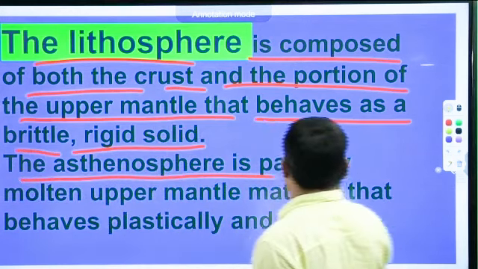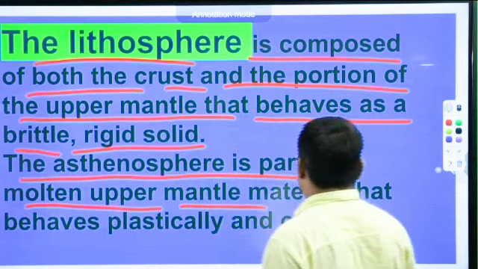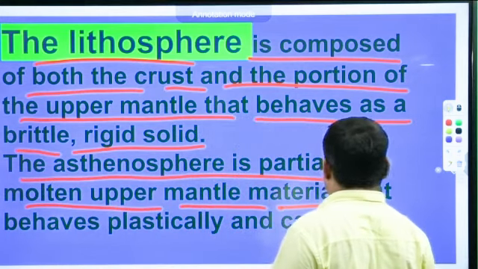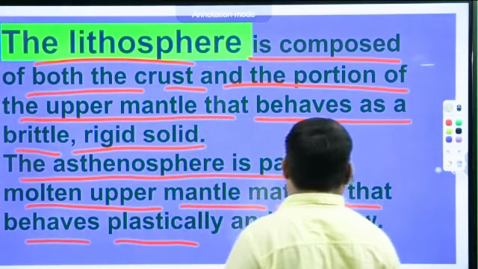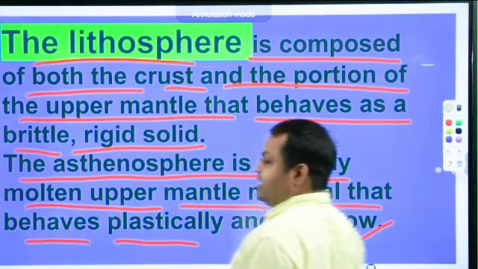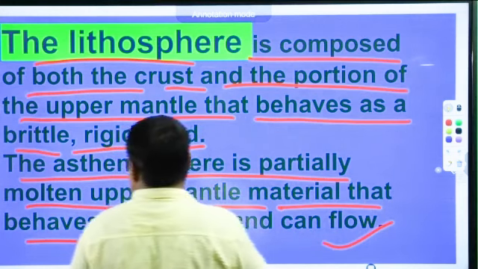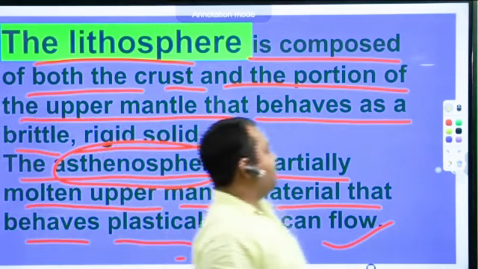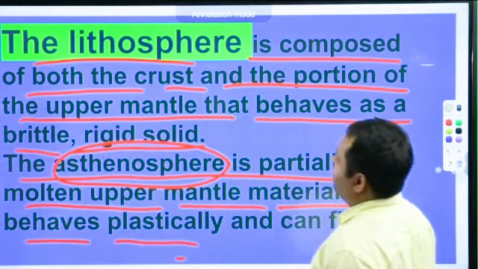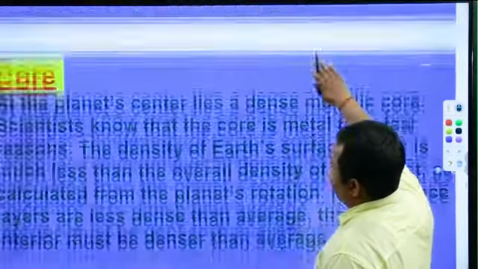The asthenosphere is partially molten upper mantle material that behaves plastically and can flow, having the capability to flow, right? And if we talk about the lithosphere, it is completely solid material.